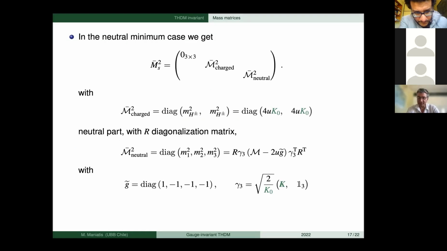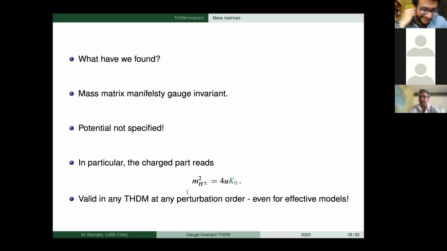We are also working on that actually to show this. For instance, first of all, for the charged Higgs boson mass, you get immediately the result. And you have to find, of course, the global minimum. So you have to minimize the potential in order to get this K0 in the Lagrange multiplier. And this also depends on the renormalization scheme and everything. This is inside of the minimizing potential.